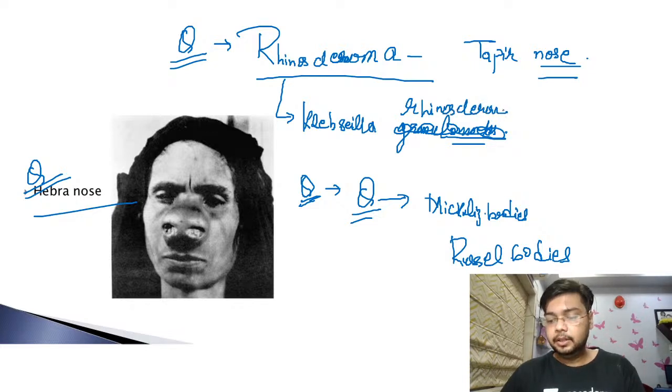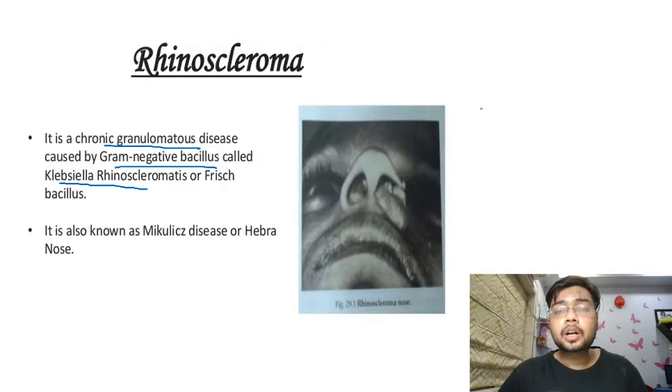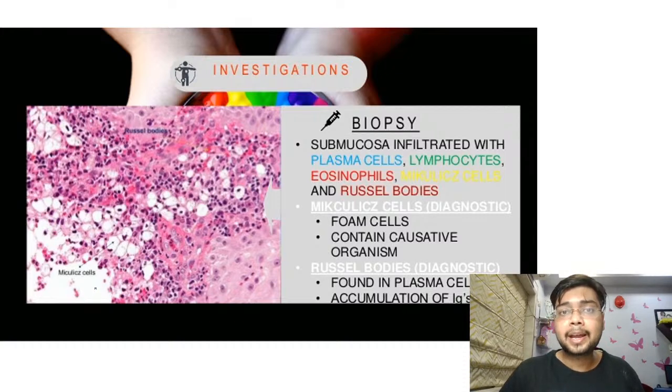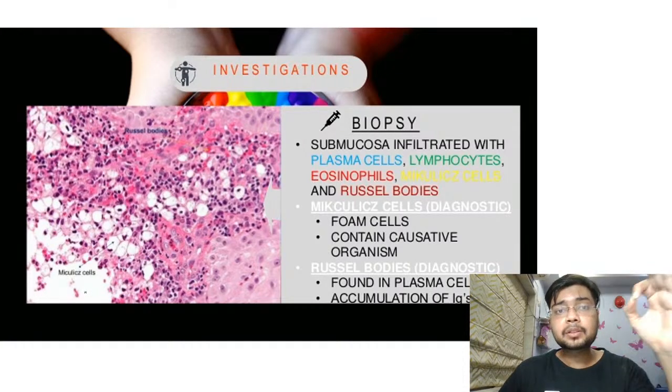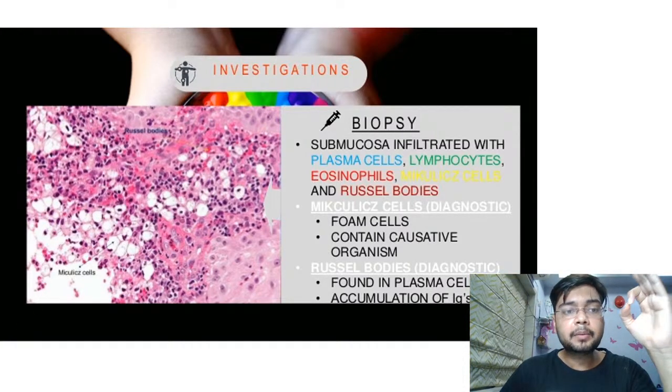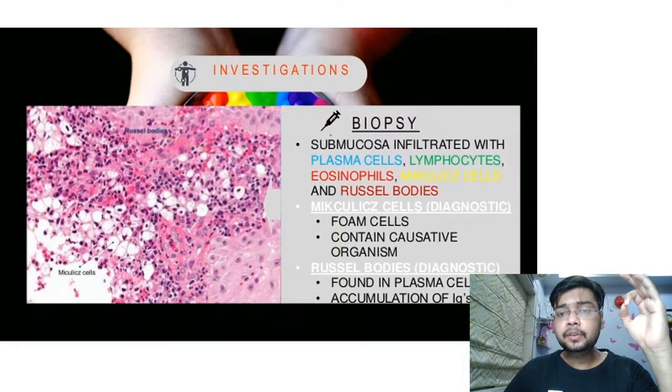Yeah, and it is also called the fish bacillus. It is also called Mikulicz disease or Hebra disease. The pathological bodies that we were talking about are the Russell bodies and Mikulicz cell. If you see, there is submucosal infiltration with plasma cells, lymphocytes, eosinophils, Russell bodies and Mikulicz cells.